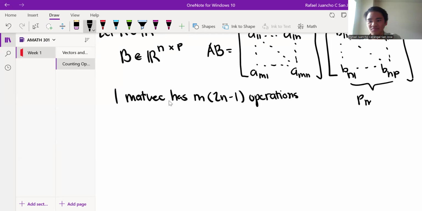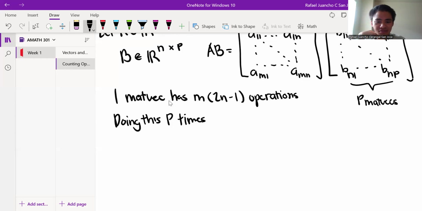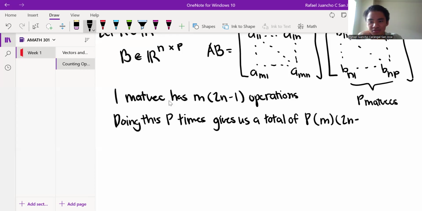We have p matvecs. So doing this computation p times gives us a total of p times m times 2n minus 1.